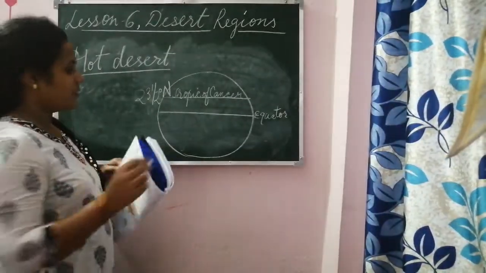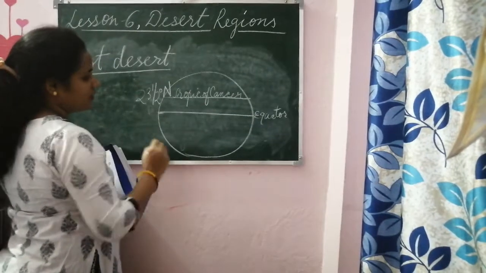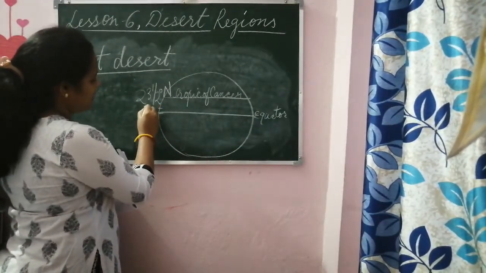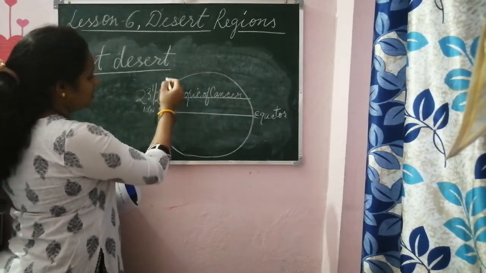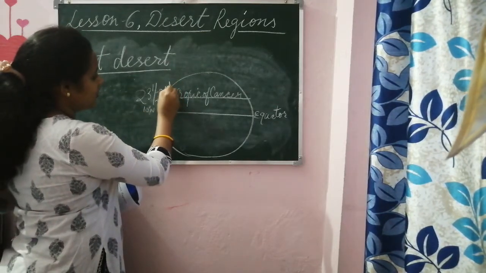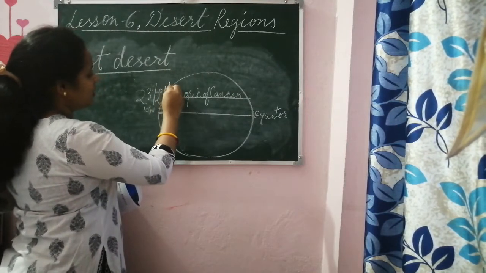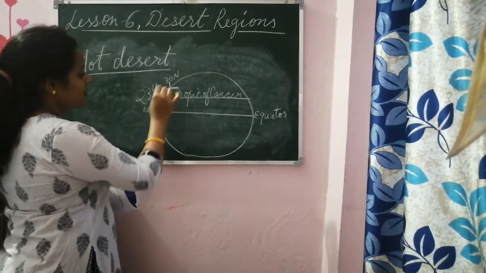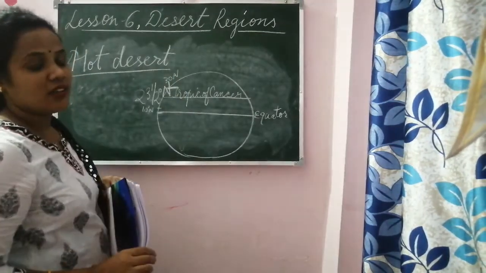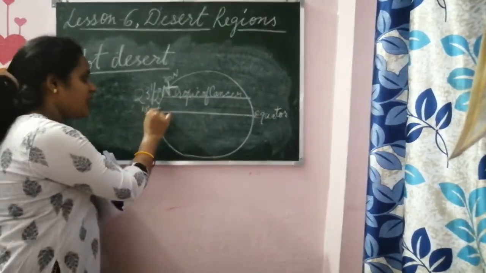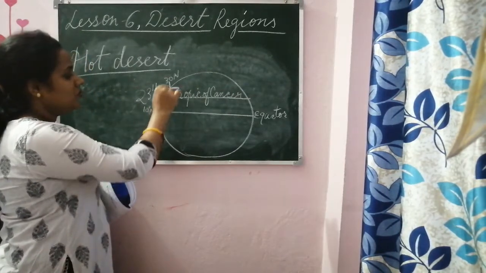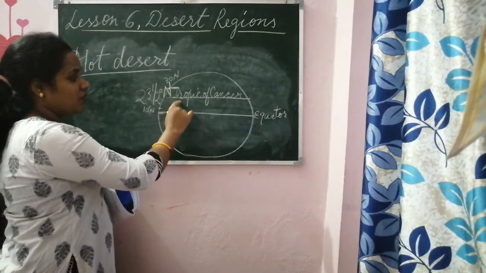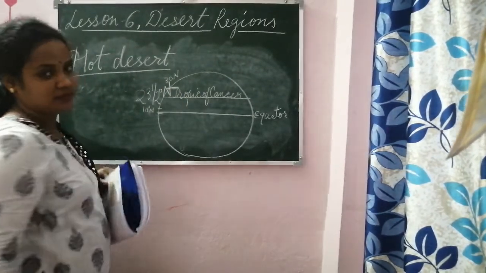So from 10 degrees, let's see 10 degrees here maybe, to 30 degrees north. Or we can say the hot desert is from 15 degrees north to 30 degrees north in the northern hemisphere, close to the Tropic of Cancer.